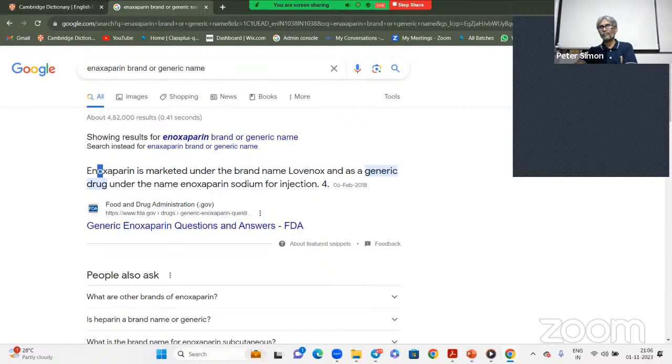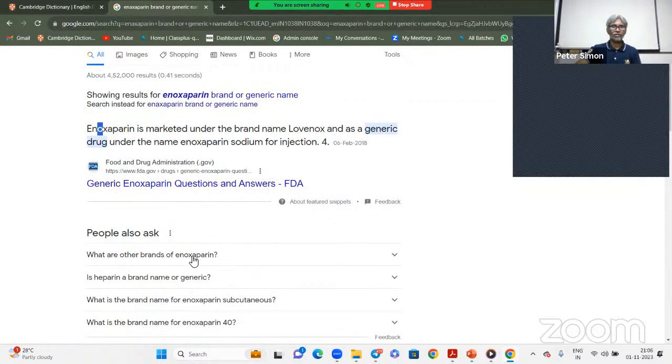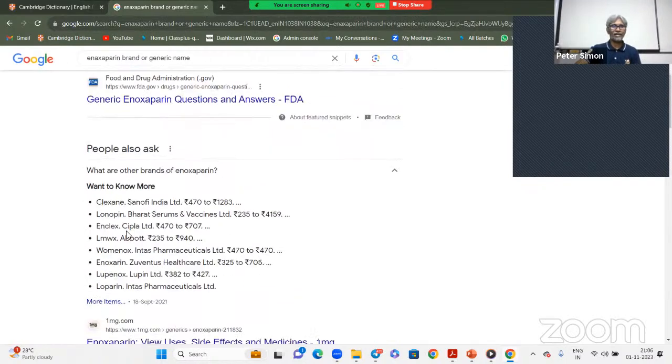So we cannot say it is a brand name. According to what this is telling, Clexane is a brand name. Lonopin is a brand name. Enclex is a brand name.